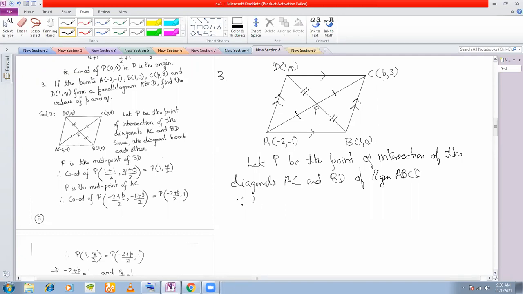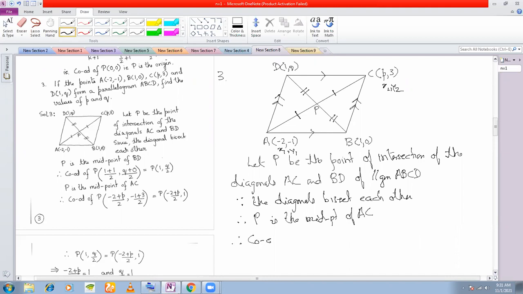So since the diagonals bisect each other, therefore P is the midpoint of AC. Okay, so we can get the coordinates of P if I take this as x1, y1 and this as x2, y2. From the midpoint formula, we can get the coordinates of P.